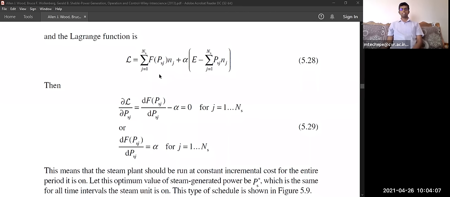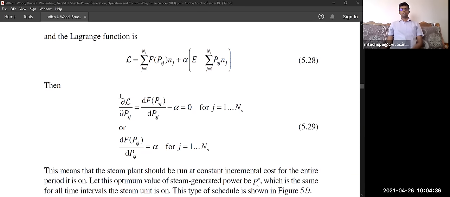So next, what is the further step? We have to differentiate and equate it to 0, similar to what we did in the economic load dispatch problem. We differentiate this Lagrange's function with respect to PSj. Our ultimate aim is to reduce the power generation from PSj, that is the steam power generating unit.